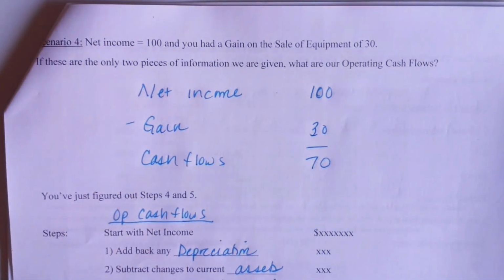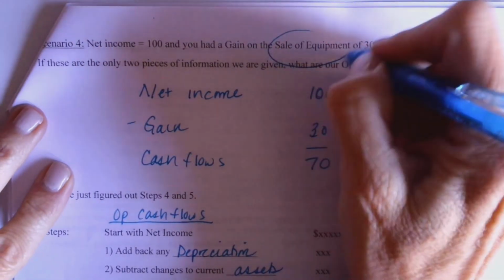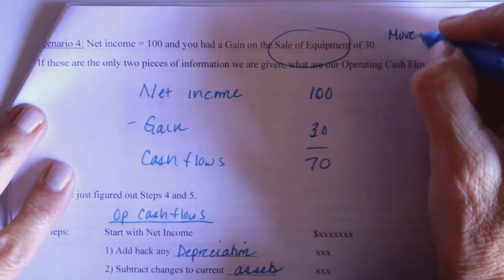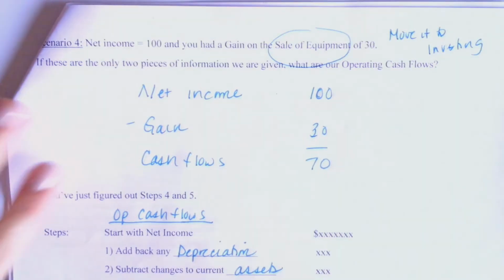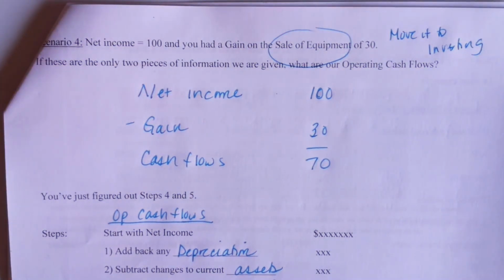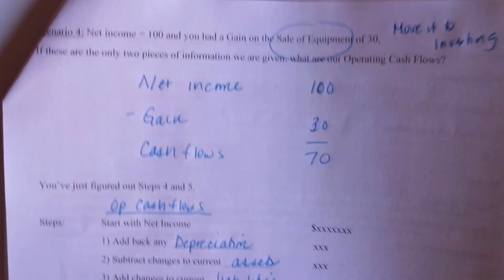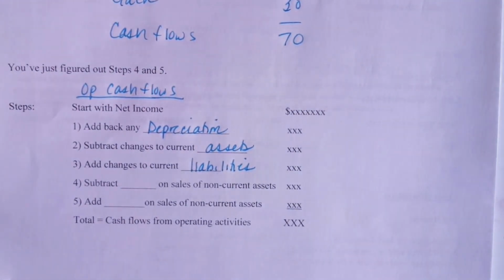So your cash flows are going to be 70, because we want to move this, and that gives us steps 4 and 5.